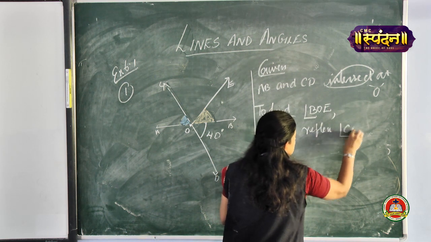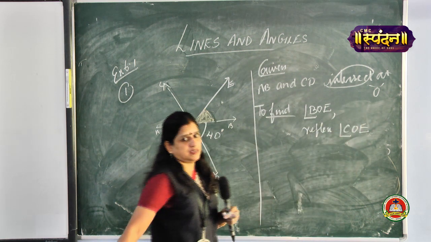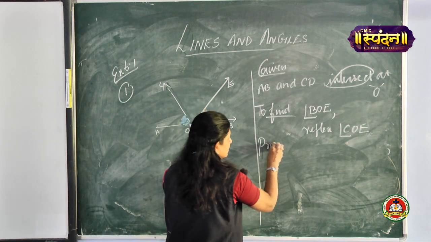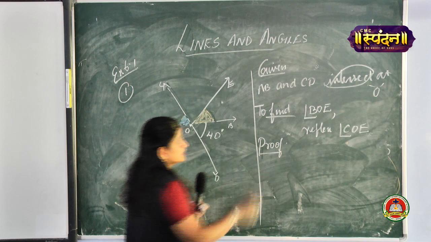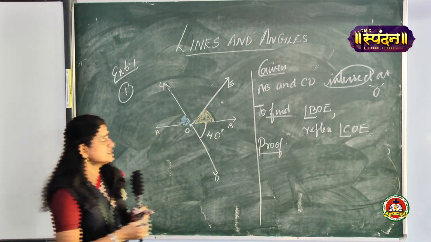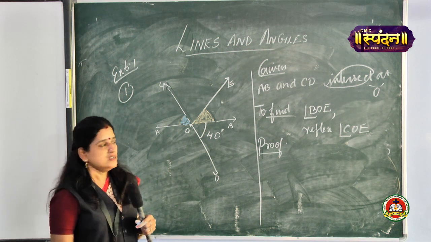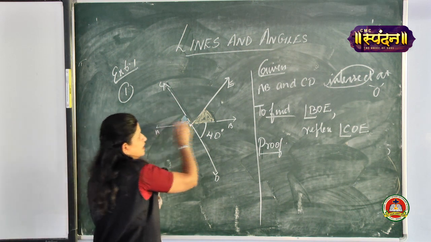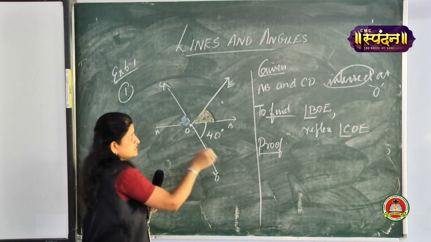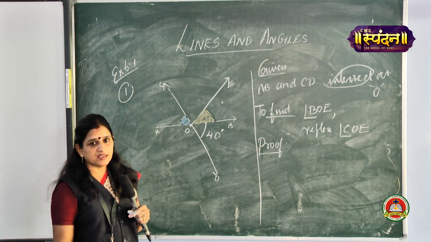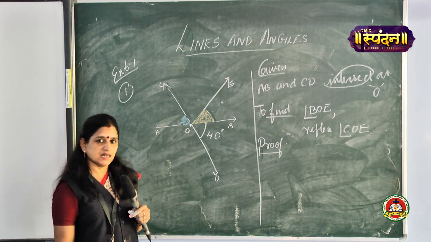Second one, you have to find reflex of angle COE. Now look at the question carefully. Proof you write. As I said, you have to see the keyword over here, intersect. What is intersecting? Line AB and line CD, they are intersecting each other. When they intersect each other, vertically opposite angles are equal.